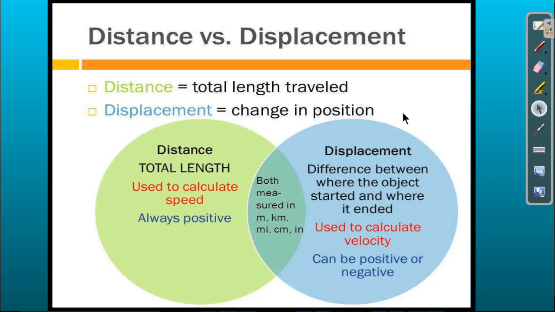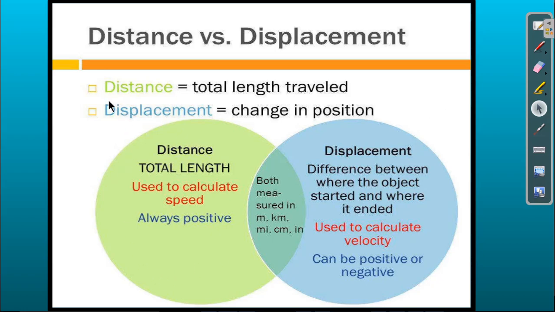So it doesn't matter if you start at A, you end at B. The distance between them is your displacement. It doesn't matter how many curving, walking, running, whatever you did all around. You end at B. The distance between the 2 points is still just a little space. And I'll show you a drawing in a minute to help you understand that a tiny bit better.